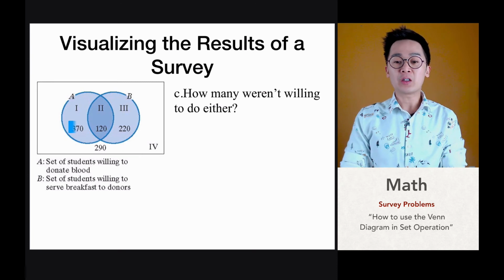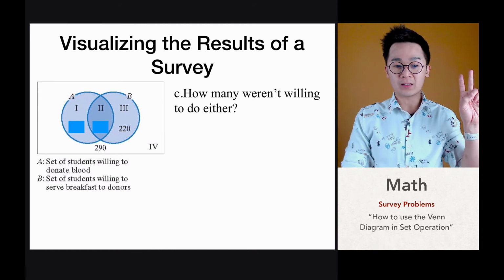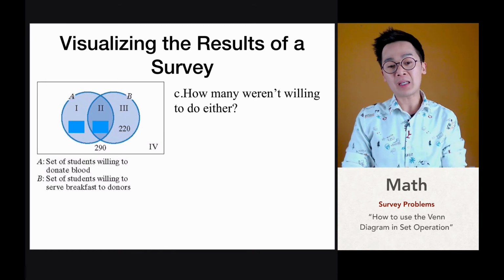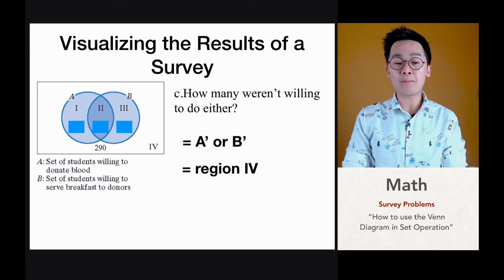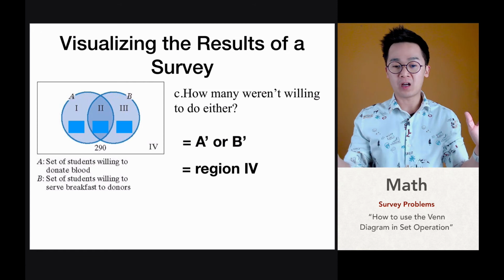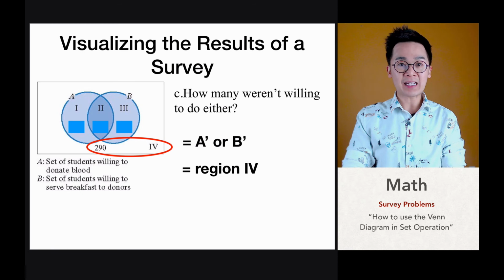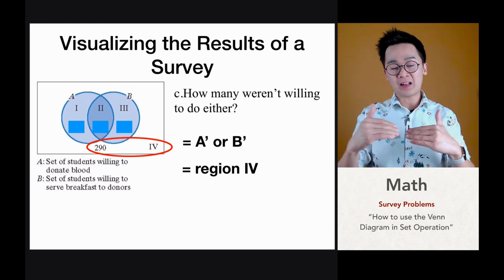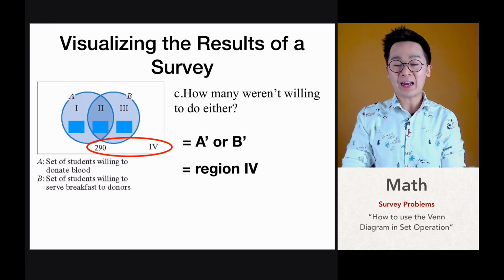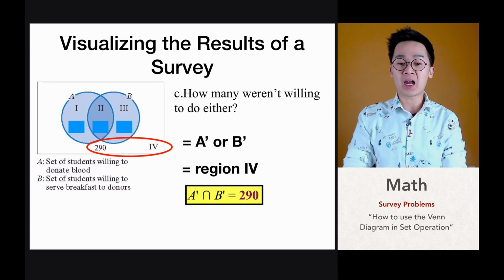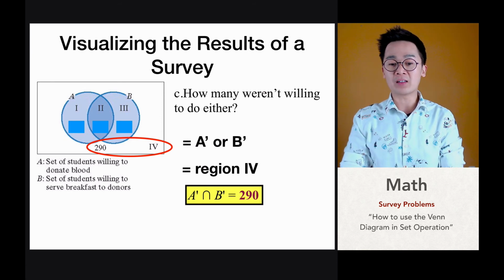So you're not going to include the students in group A, which is groups 1 and 2, and the students in set B, which is the third group. In this case, we are counting the complement of A or the complement of B, which is region 4, outside your set A and set B but still included in the union set. So the number of students who weren't willing to do any of the tasks would be 290 students, or the complement of A or the complement of B.